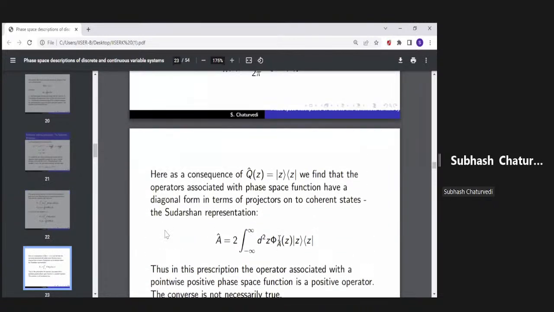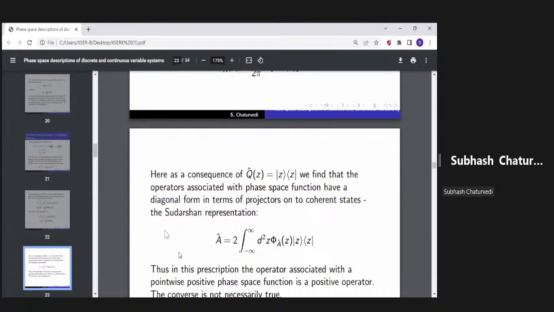Now, as we noticed earlier, since Q hat Z is this projector onto the coherent states, we obtain for any operator A what is referred to as the diagonal representation of Sudarshan. That is to say, any operator can be expressed in terms of these projectors |Z><Z| onto coherent states multiplied by a function phi A of Z. All right.